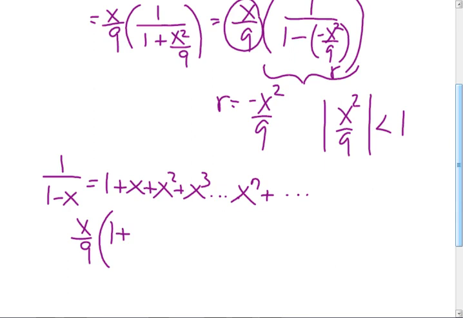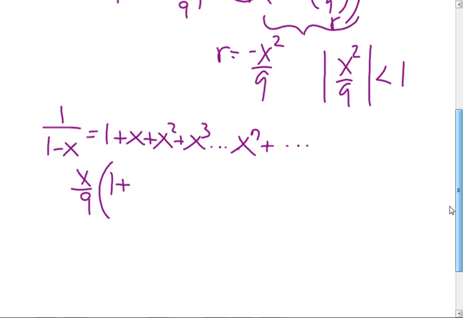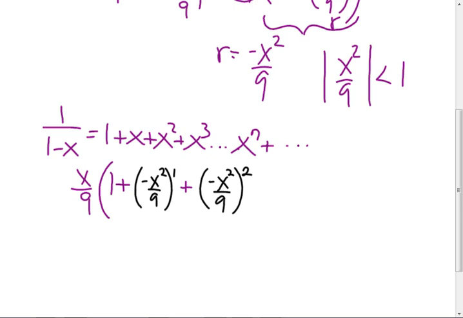What's x here? Negative x squared over 9. That's to the first power. Plus, and now I'm going to do negative x squared over 9 to the what power? Second. Plus.